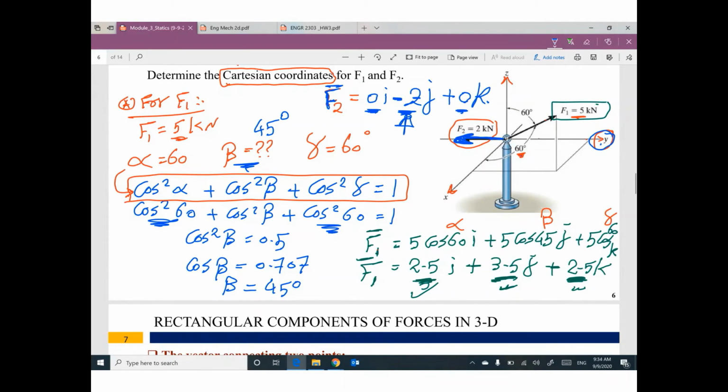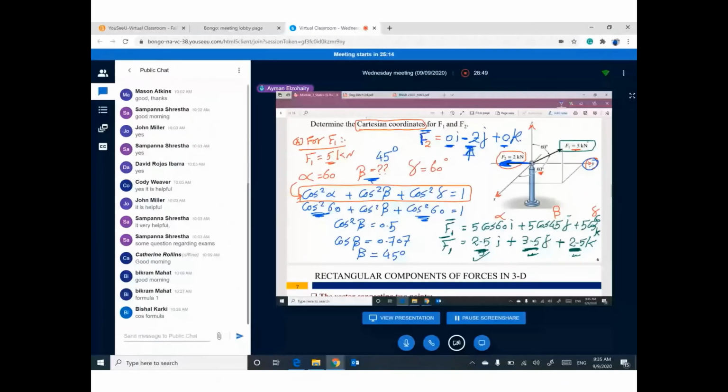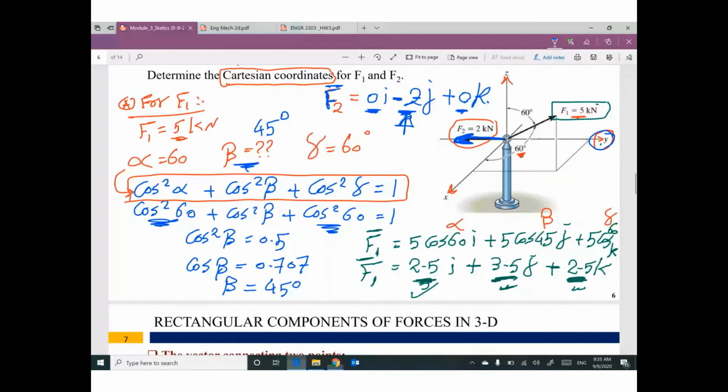So in this example, we learned how to break each force to 3 components. Any questions so far? This one is very easy.